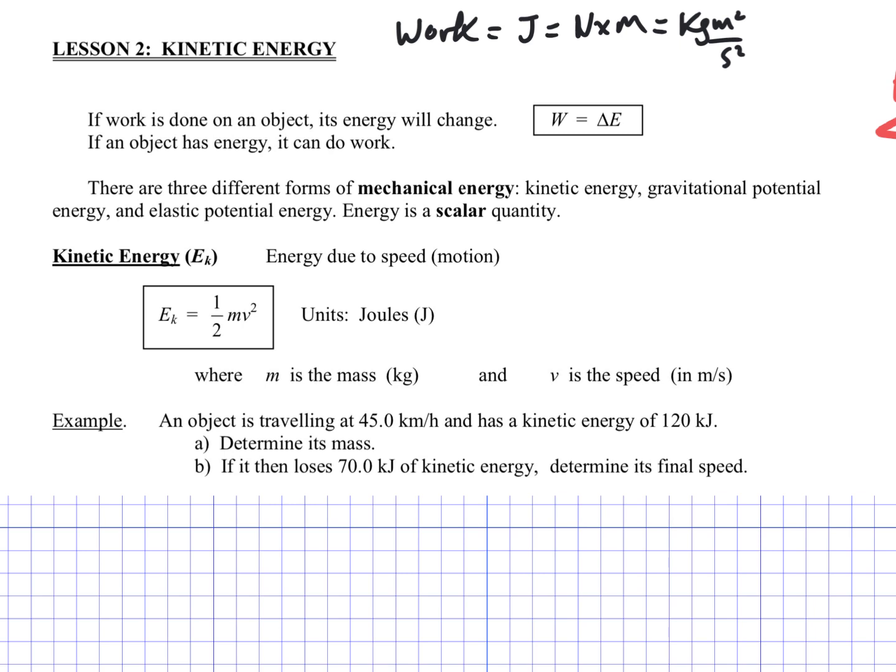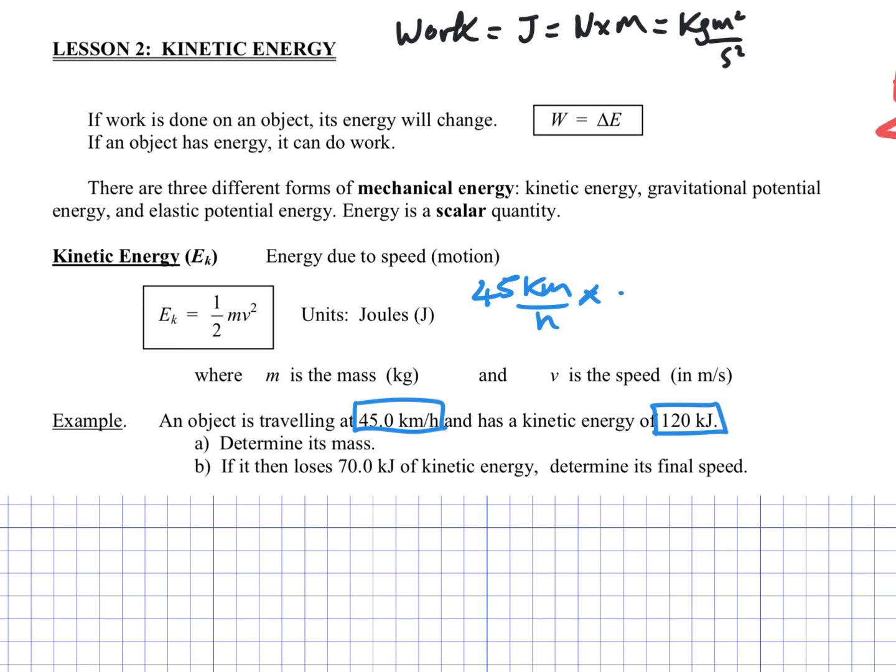Okay, let's get into an example, and hopefully things start to become a little bit more clear. All right, an object is traveling at 45 kilometers an hour, and it's got some kinetic energy of 120 kilojoules. So let's just convert right away. 45 kilometers per hour, we want to get rid of that and have it in meters and seconds.